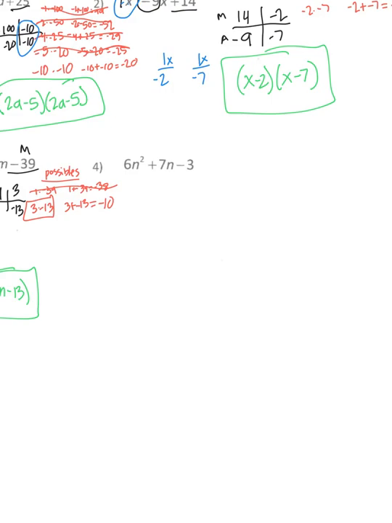Okay, last one over here, number 4. I'm going to multiply 6 and negative 3, which gives me negative 18. I want to add to give me a positive 7.